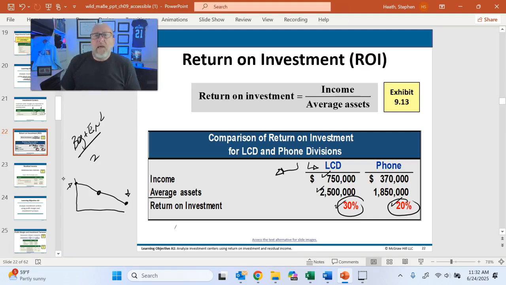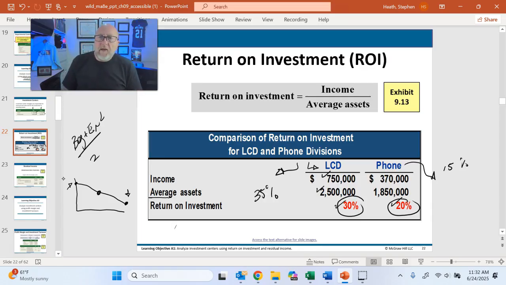So what if all of our LCD competitors are running at a 35% rate of return? And then what if all of our phone competitors are working at a 15% ROI?